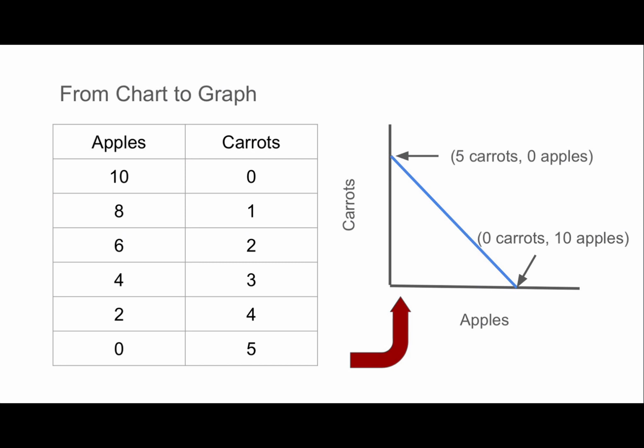And it's a downward sloping linear line. On the x-axis, which represents apples, the arrow is pointing to the 10 apples that are produced when 0 carrots are produced. If you plot the points of the chart on the graph, you would find that it's a linear trade-off, which means that the opportunity cost is constant.